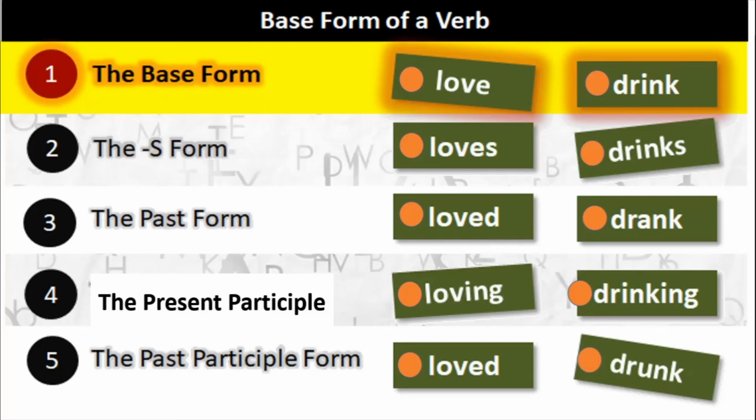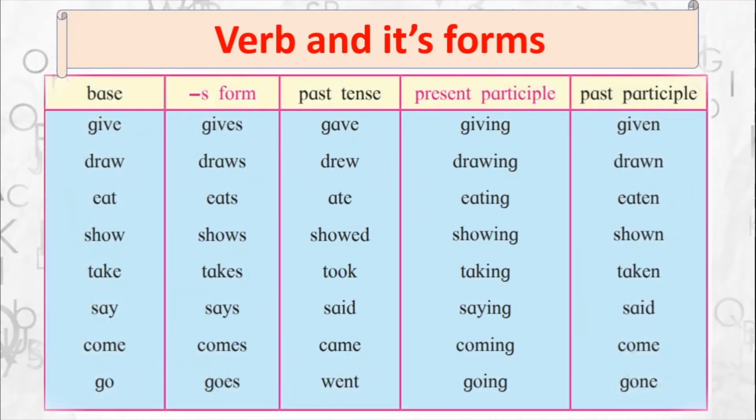Okay, so all these things we talked about in the lesson today. So let us see whether we accomplished what we started doing. We were looking at verbs and their forms. So let us look at a few examples before we wind up the lesson for today. The base form, give. The S form is gives. Past tense is gave.